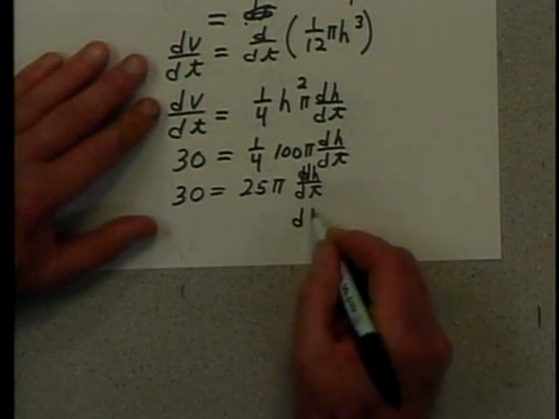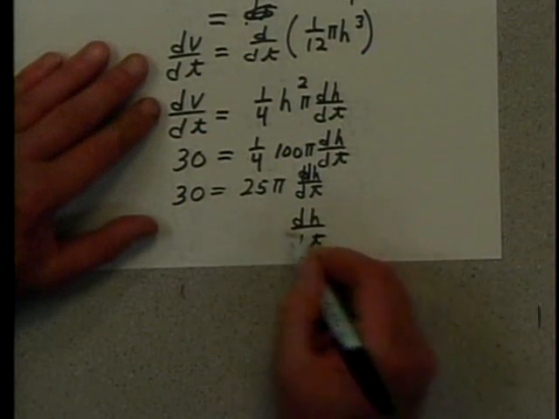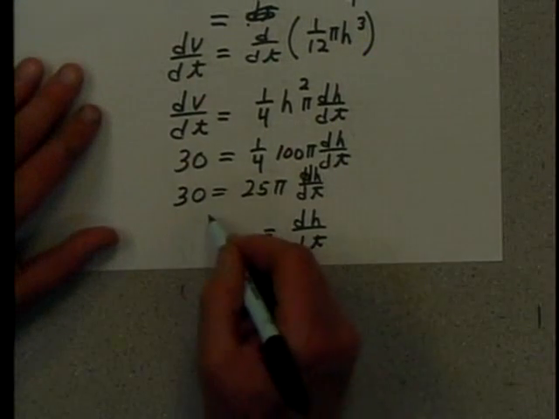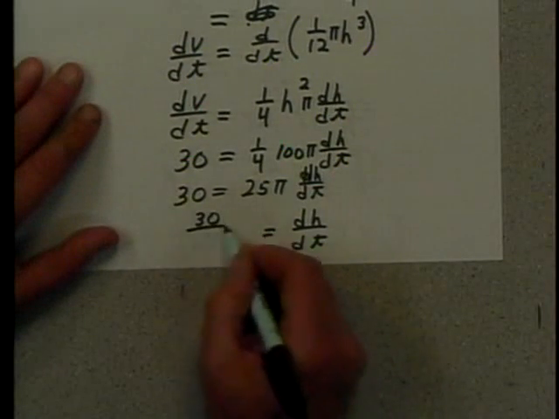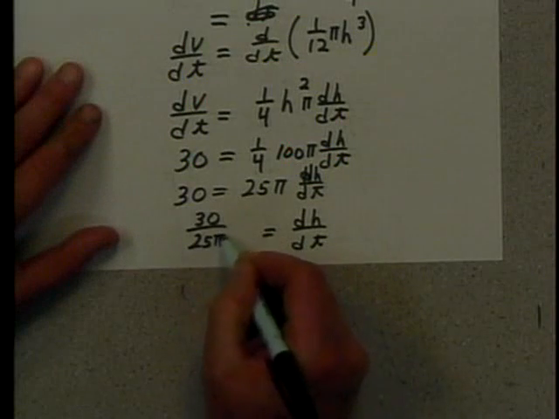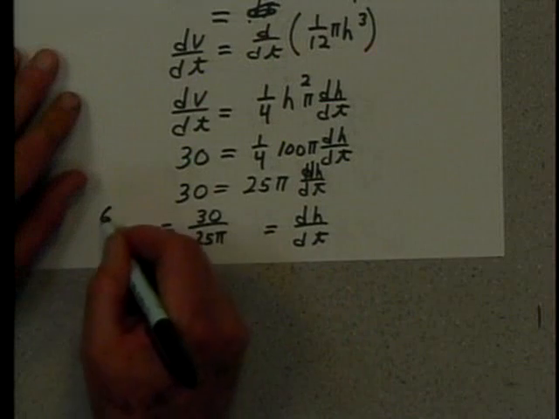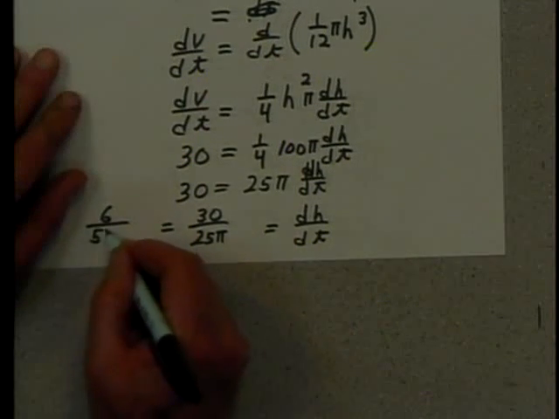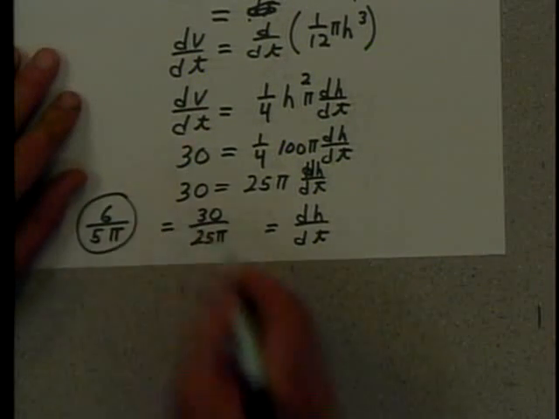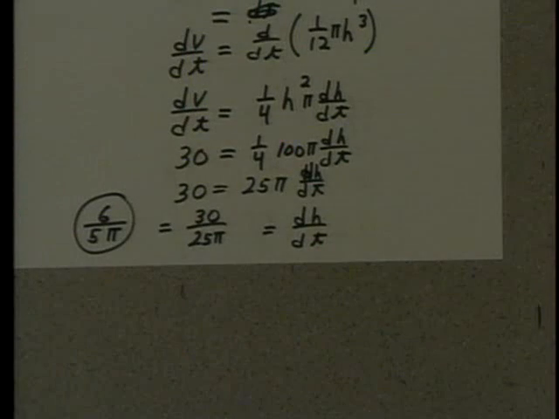So what does that make dh/dt, which is what I wanted in the first place? Okay, reduce it by dividing by 5. And there it is, the answer. Working it out with a variable in there that you're looking for.